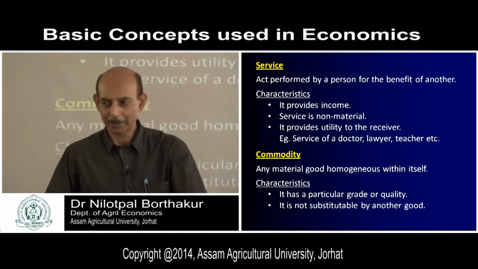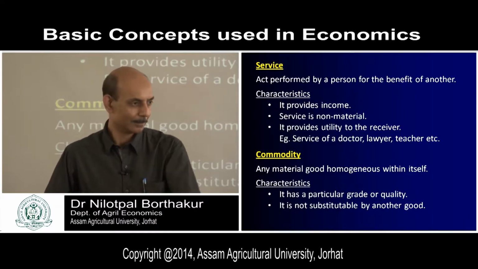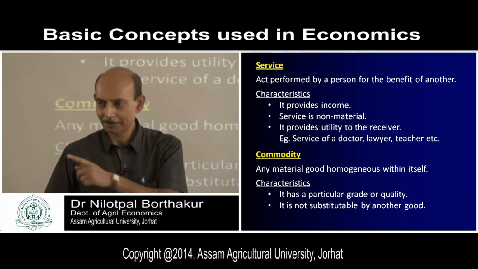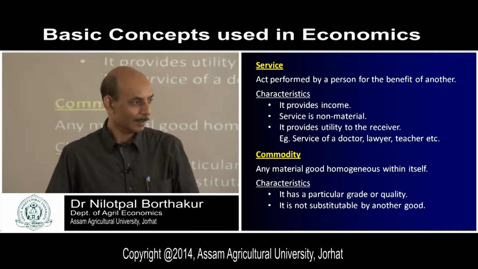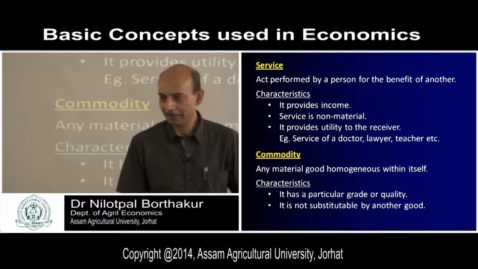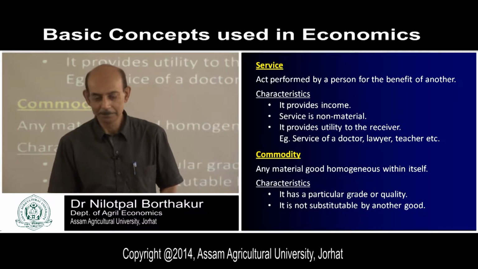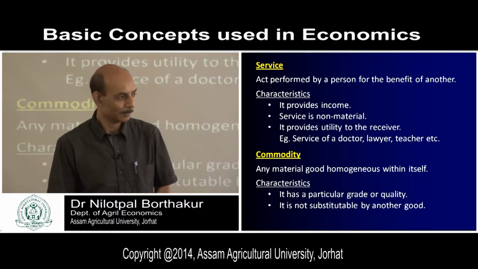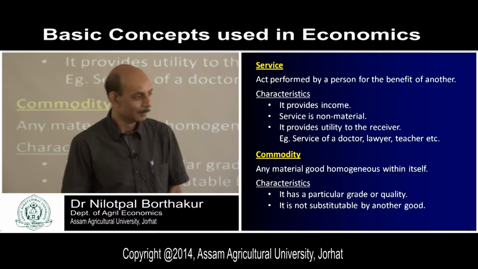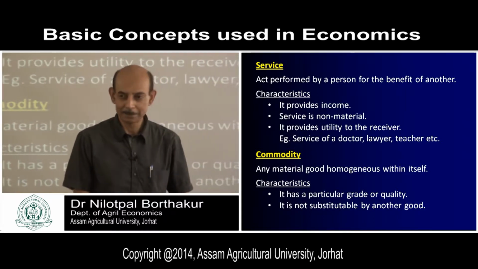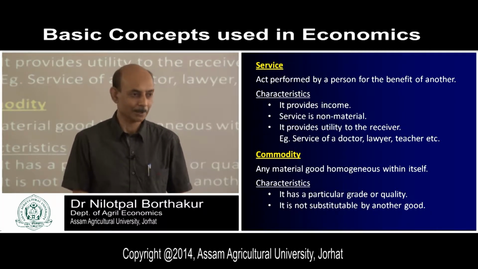Rice, per quintal, dal, pulses, so many agricultural commodity prices are given. On top of that, what is the heading? Good prices or commodity prices? Business page. Normally it is coming.